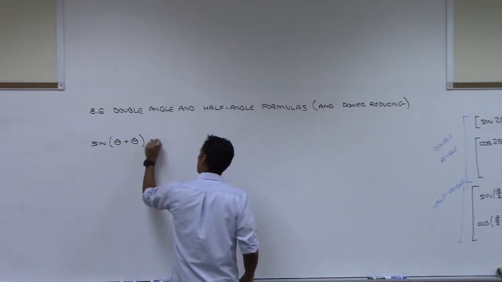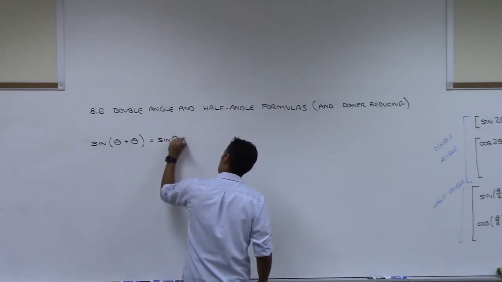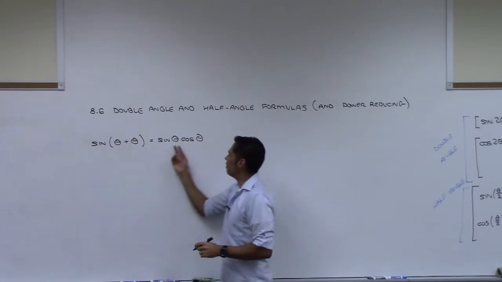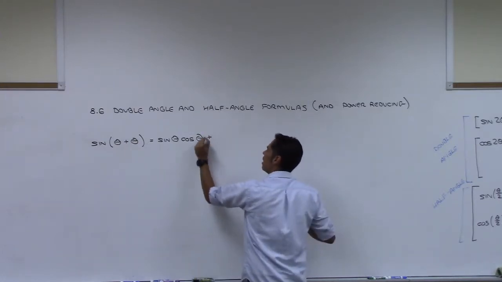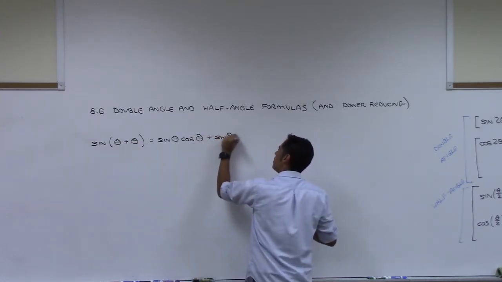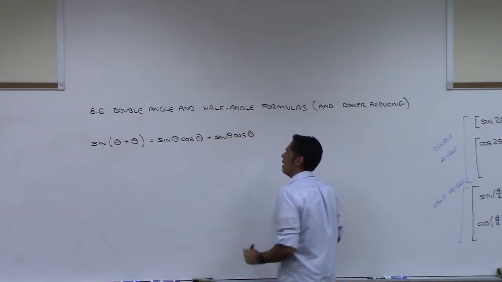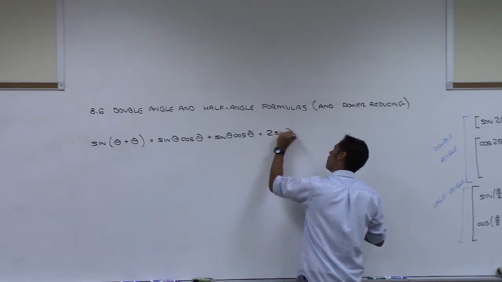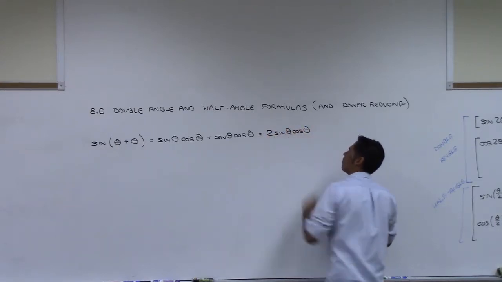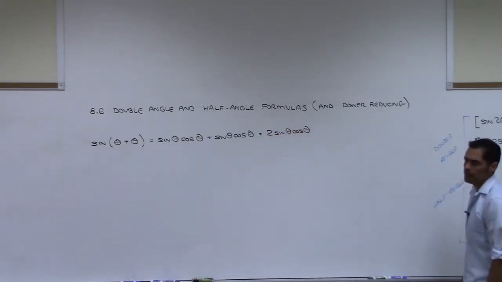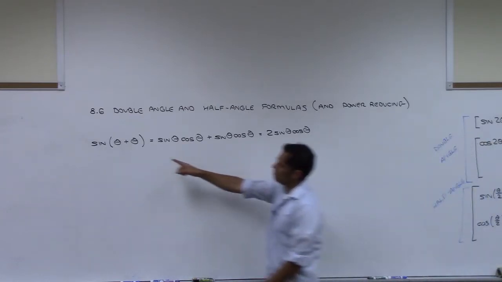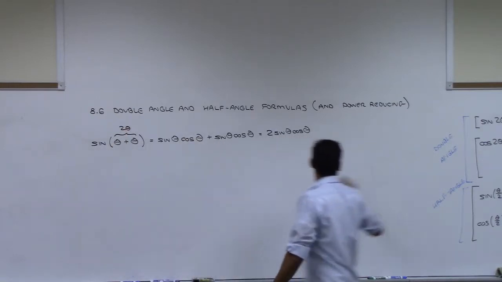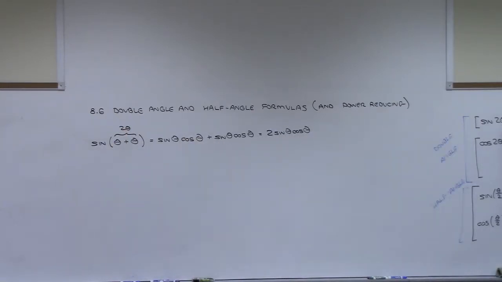So this would become sine theta cosine theta. Since they're the same angle, it would be the same thing here, and then plus another one of those, exactly the same. If we put those two together, they're identical, we get two of them. So theta plus theta, sorry, I should have put this, is 2 theta. And that's where we get this formula from right here.